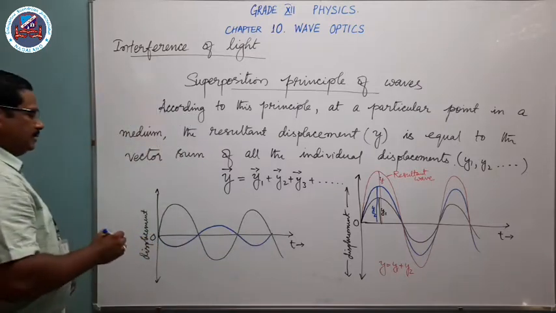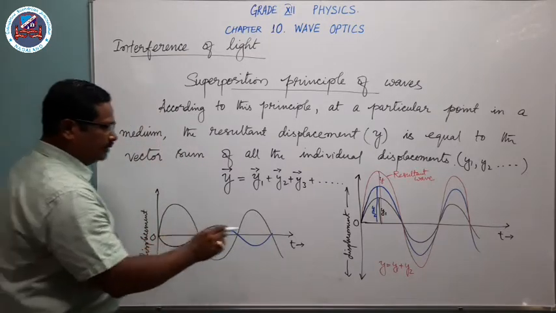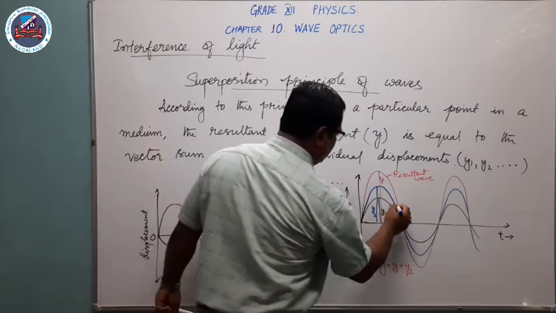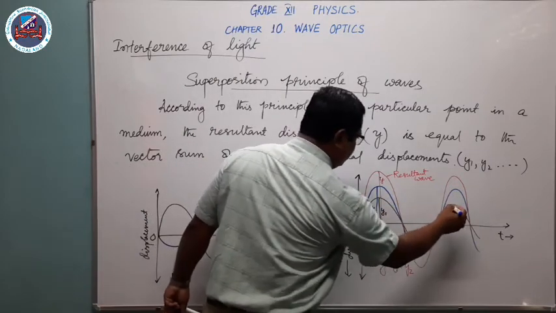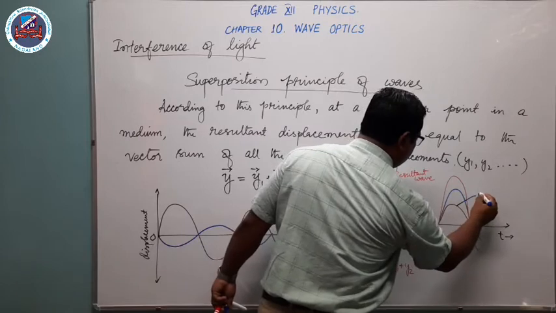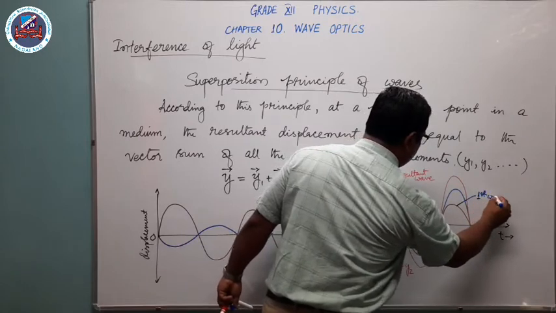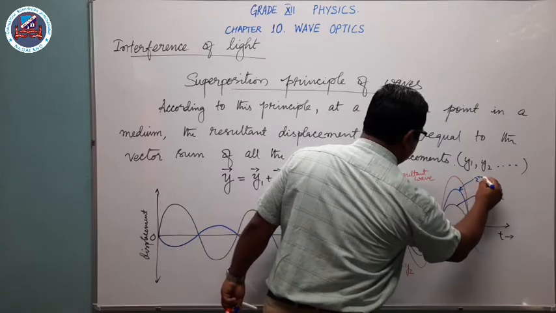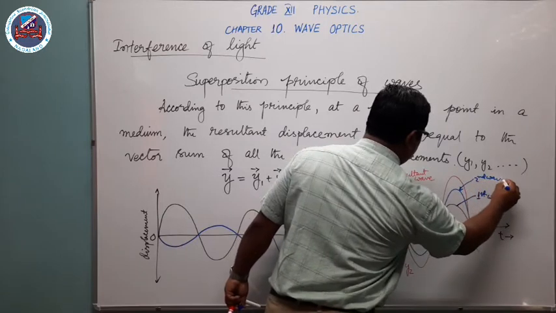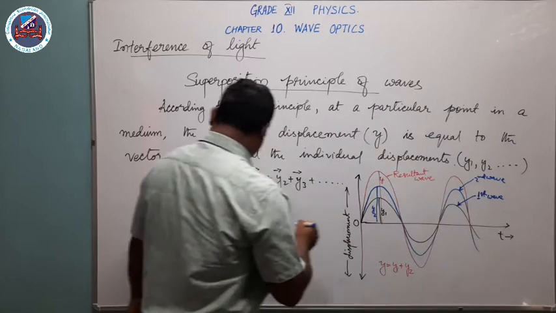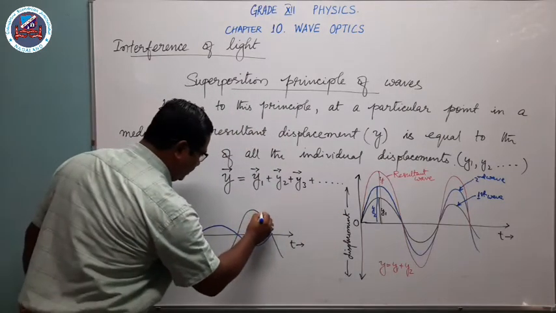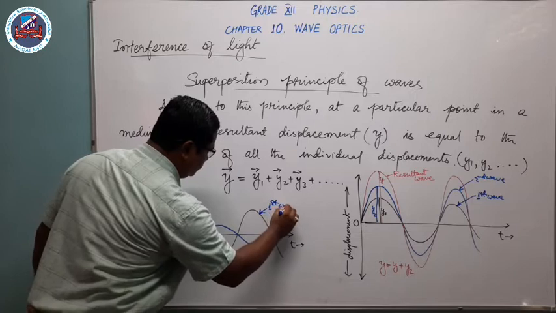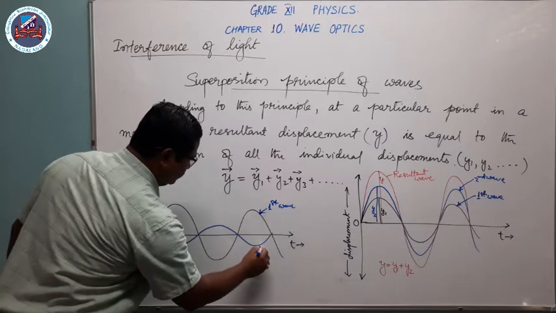In this case, the two waves, the black and the blue. The black one is the first wave. This is your second wave. Here also, this is your first wave. This is your second wave.